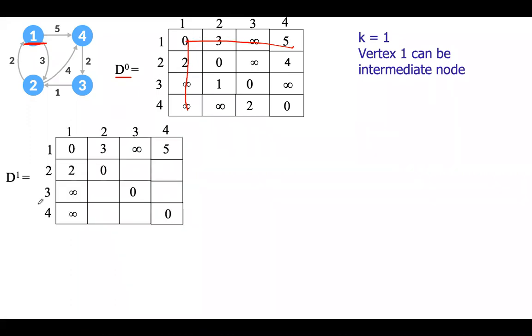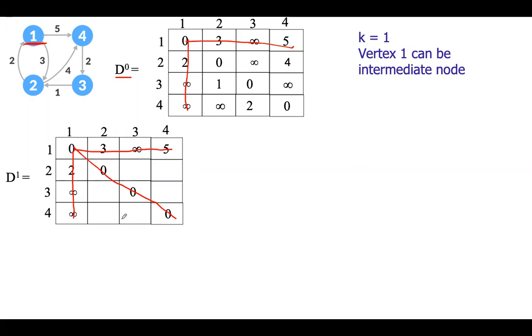The matrix will be something like this. See here, this is fixed. These values will not change, as well as these diagonal values. 1 means it is connected directly, so we'll not bother to change these values.